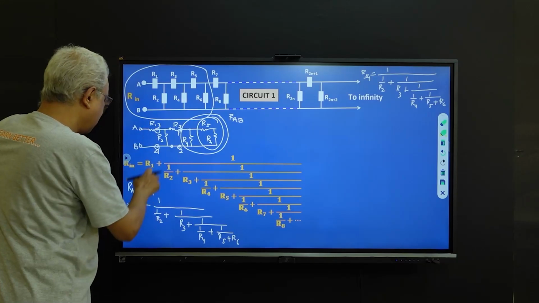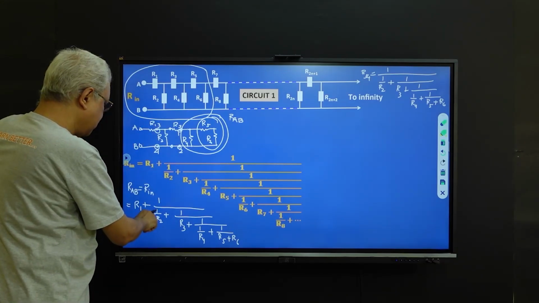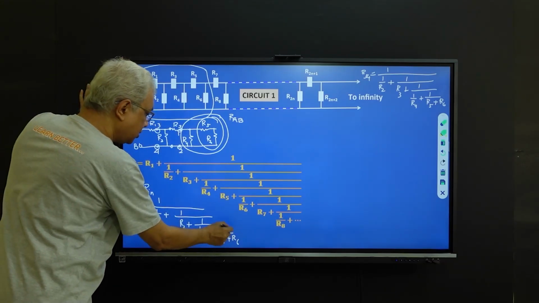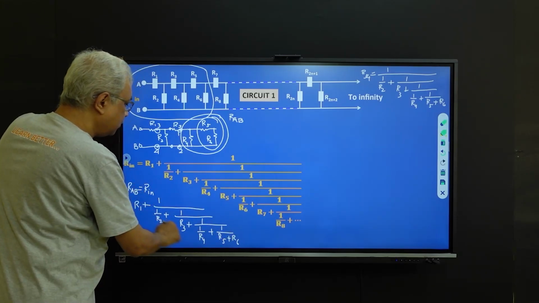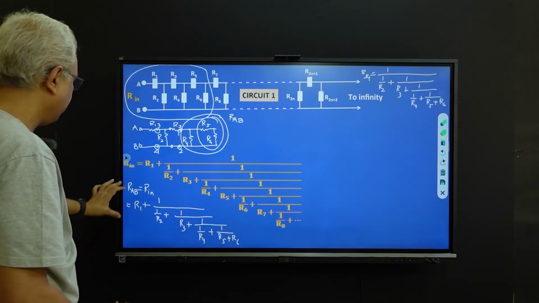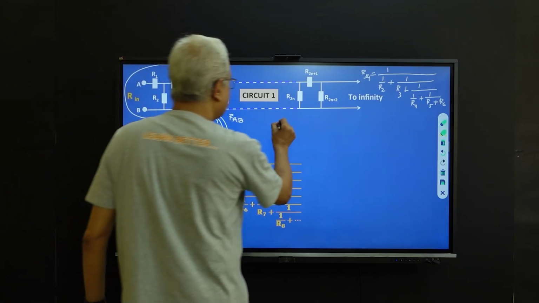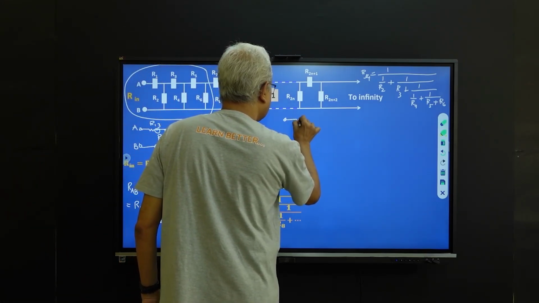This is R1 plus 1 by R2 plus this much. So this expression is a continued fraction type expression. Okay, now if we consider another circuit like this.